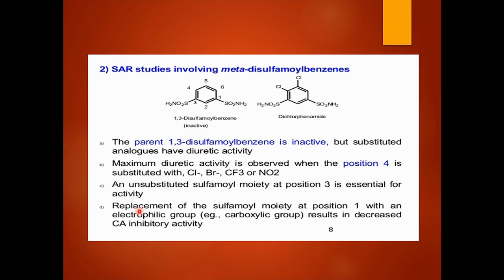Fourth point is replacement of the sulfamoyl moiety at position 1. This is the sulfamoyl moiety at position 1. If we replace this sulfamoyl moiety with an electrophilic group like a carboxylic group, then it will result in decreased carbonic anhydrase inhibitory activity.